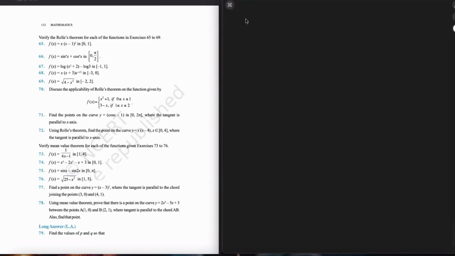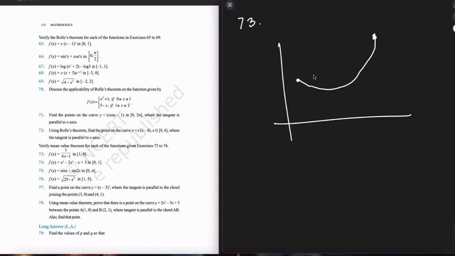Next up, we have question number 73. What was the mean value theorem? If you remember Rolle's theorem, the main difference between Rolle's and mean value is that these 2 points of the domain must not have the same value. The curve can go like this, but there will be some slope, right? I'll say that this slope is m.